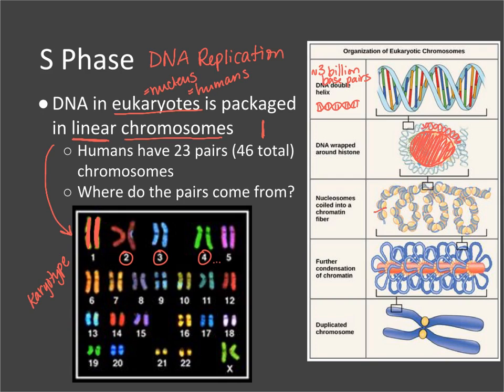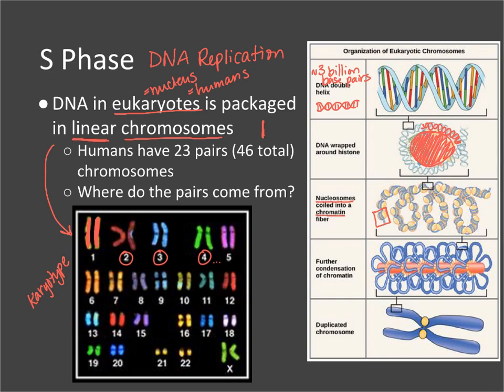Now, each histone with some DNA wrapped around it is called a nucleosome. And these nucleosomes get stuck together in this chain, forming this substance called chromatin. Now, chromatin and chromosomes are essentially the same thing. The only real difference is how tightly coiled they are.